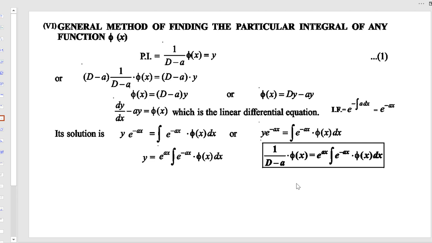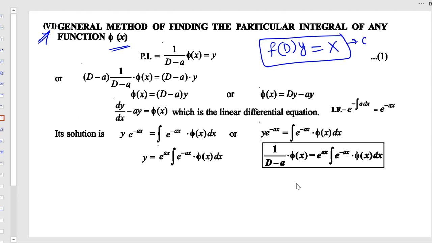Now the sixth problem, that is the sixth formula, is for when the right hand side is any function of x, f of D times y equals X. So that is our given ODE, ordinary differential equation. If the right hand side is any function of x, phi of x, then we have to apply this formula.